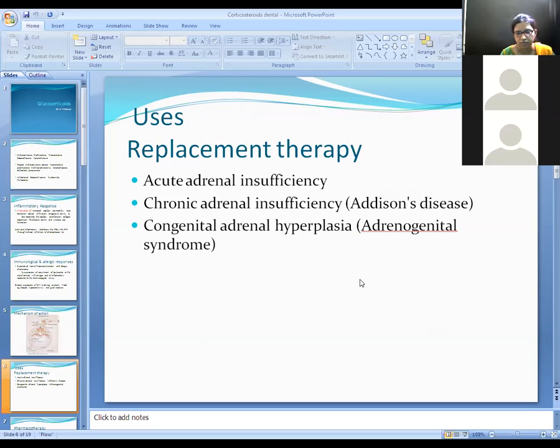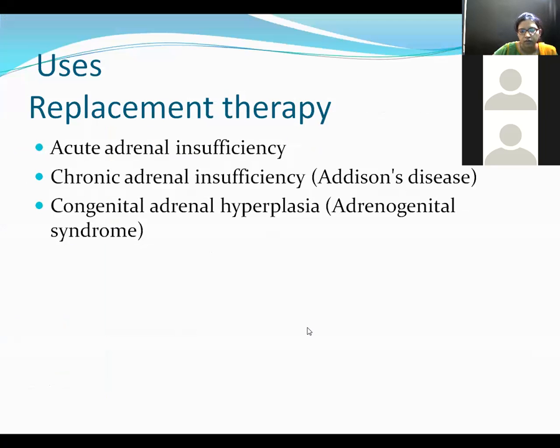Chronic adrenal insufficiency is a chronic condition where the adrenal gland is insufficient to secrete glucocorticoids; in such cases you can give them chronically. And congenital adrenal hyperplasia is a congenital disease with little or no secretion of glucocorticoid. In those cases also glucocorticoids can be given. Now replacement therapy we have learned.